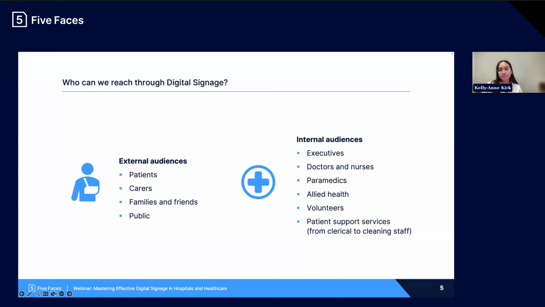So by being able to broadcast a message to every screen about changes to visitors, who is allowed entry to the hospital, what the current status is, being able to send that out centrally through one method and one channel of communication. Obviously, it's not the whole message, but it's one way to share that out.